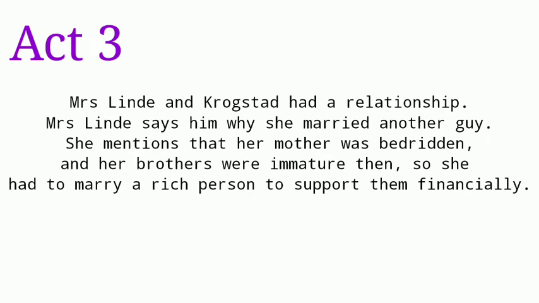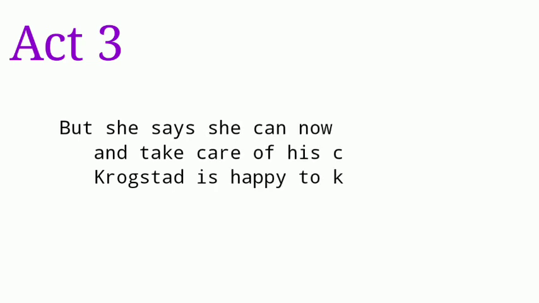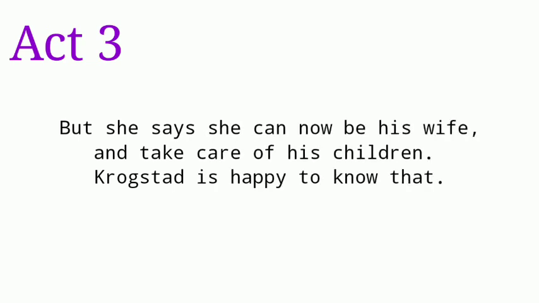But as both her mother and her husband are dead now, and her brothers are mature enough to take care of themselves, she proposes to Krogstad that she can be his wife and take care of his children. Krogstad accepts this proposal and is happy.